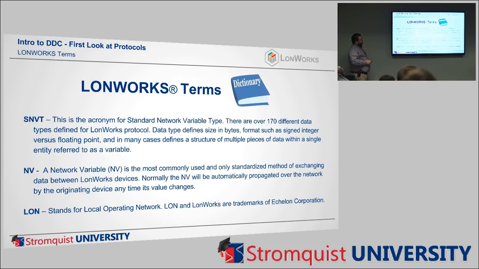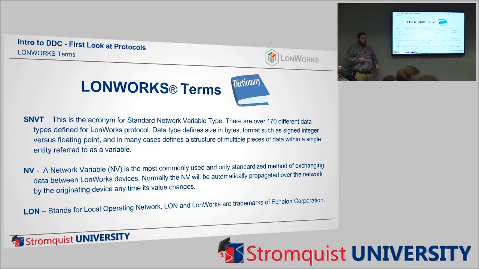All right, so some terms you'll hear in a LON system. You'll have SNVT, and they just say that it's a SNVT. That stands for Standard Network Variable Type. So this goes back to LON being a little more complicated on the hardware side. BACnet says I'm an analog point, I'm a number.